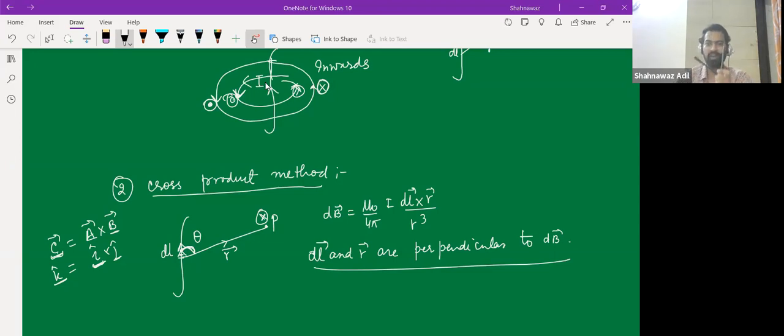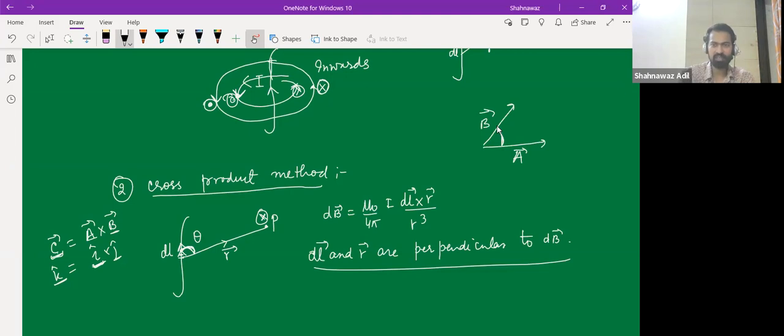So I want to calculate the direction of the magnetic field, and that is the cross product of the dl vector and the r vector. So how do I calculate the direction of the cross product? This is vector A, this is vector B, and this is theta.